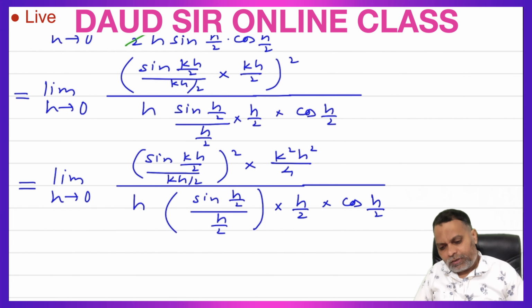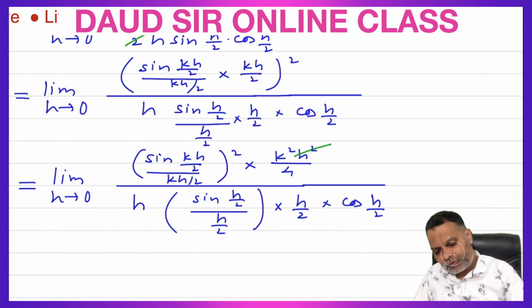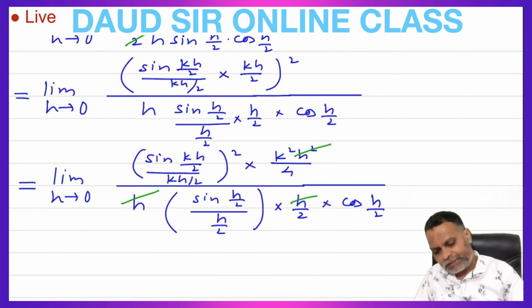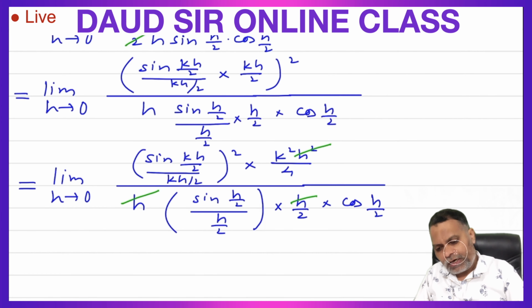Now this h square, this h and this h cancelled. Here k square upon 4 left and this 1 upon 2.